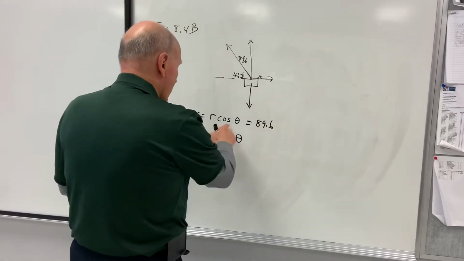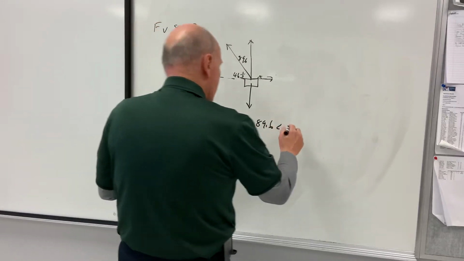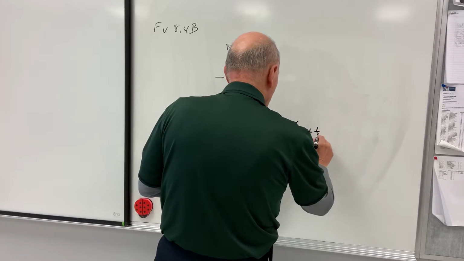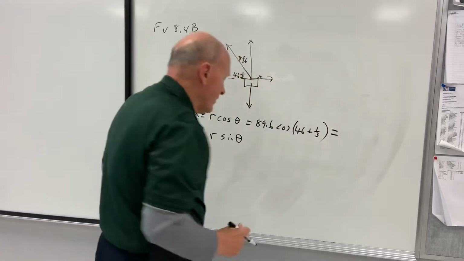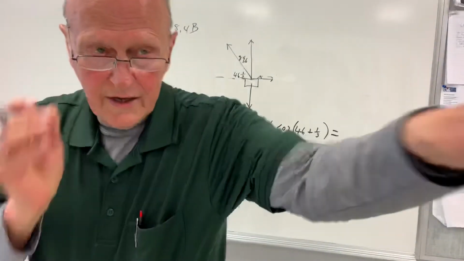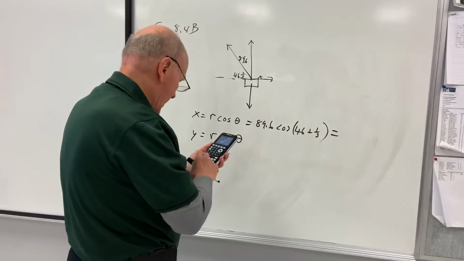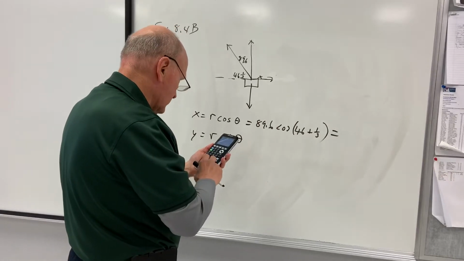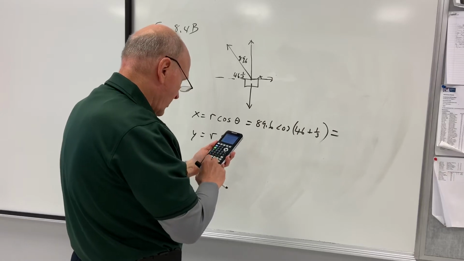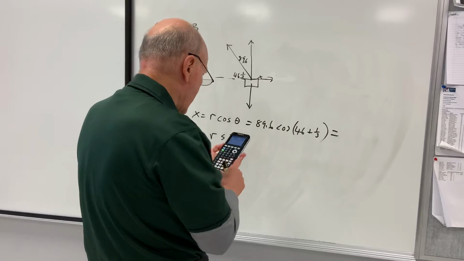So that would give me r is 89.6 cosine of theta, and we're going to write theta as 46 plus 1/3, like so. All right, let's plug that into our calculator. Let me find my calculator again. And we would have 89.6 times cosine of 46 plus 1 divided by 3, close parentheses, and hit enter.